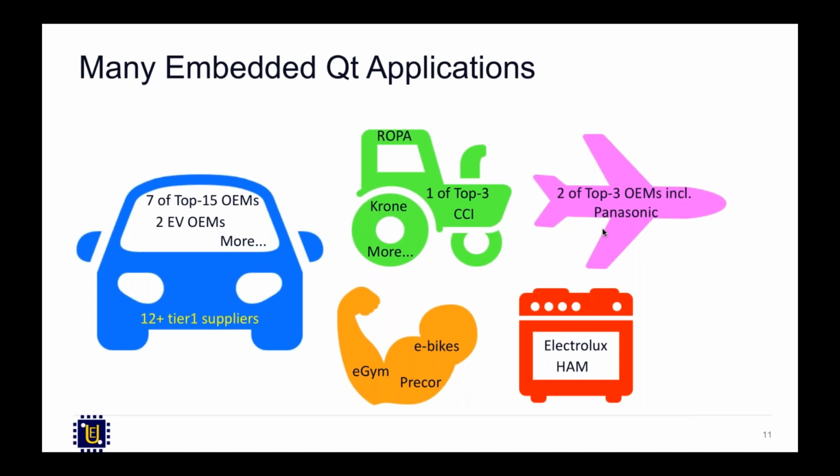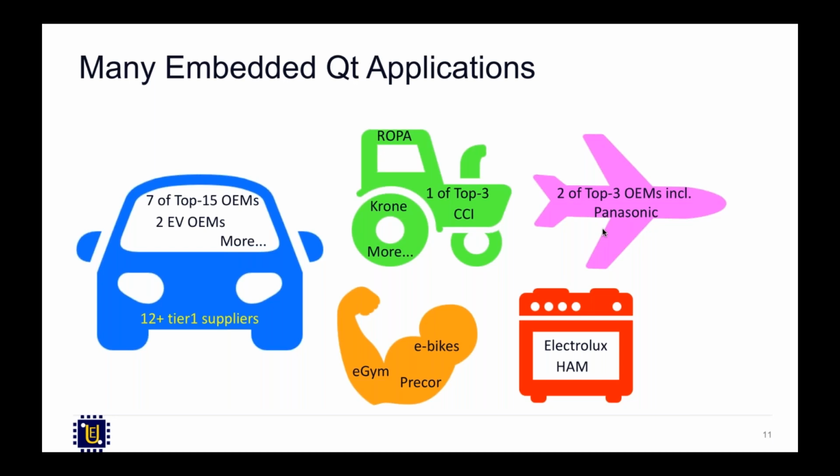If you move over to in-flight entertainment, Panasonic is using Qt, and another one of the top 3 OEMs is using it. And this other one uses Qt on a Cortex A8 as well. If you happen to fly Lufthansa from, say, Europe to the US, then you will most likely use one of their systems, so you can see for yourself.